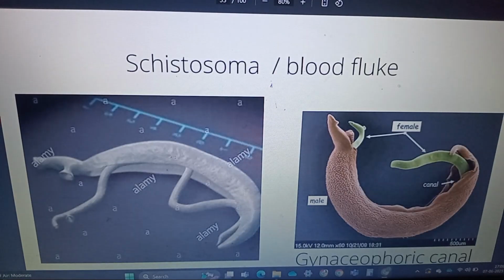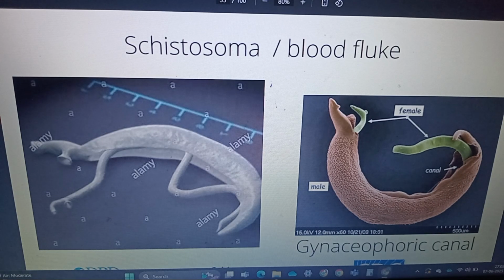Another example in this phylum Platyhelminthes is the schistosoma, also called blood fluke. Here the males and females are separate. The male has the gynecophoric canal in which the female lives.